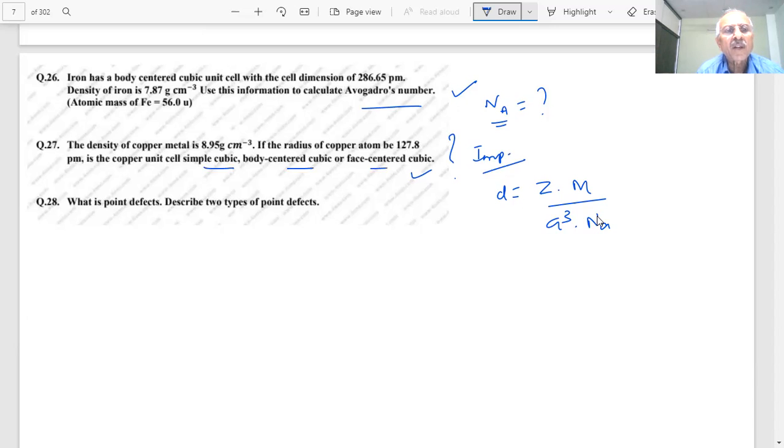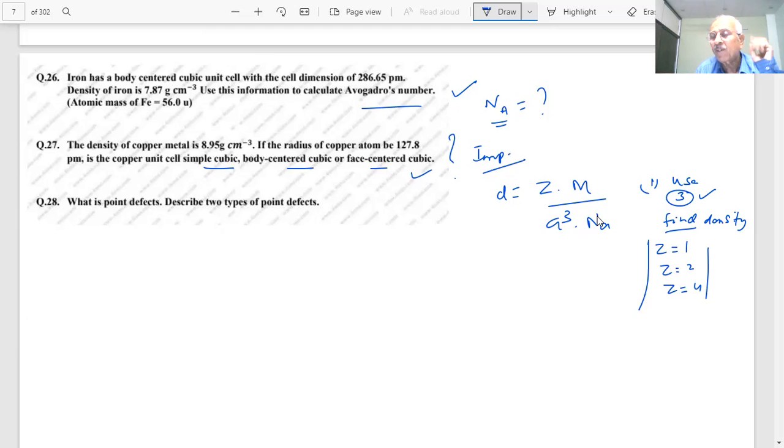He has not mentioned the type. So we have to use all three relations and find the density in three cases, with Z equal to 1, Z equal to 2, and Z equal to 4. If the value comes the same, then that will be the type.